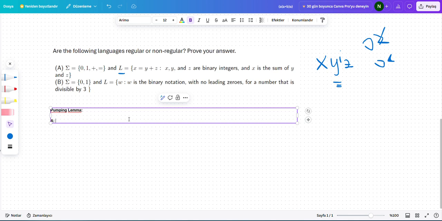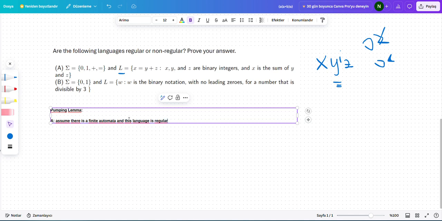Let me start my sentences like this: assume for my language there is a finite automata, and this language is regular.